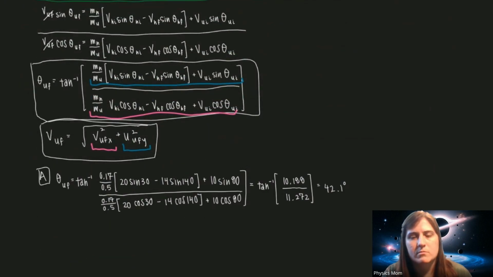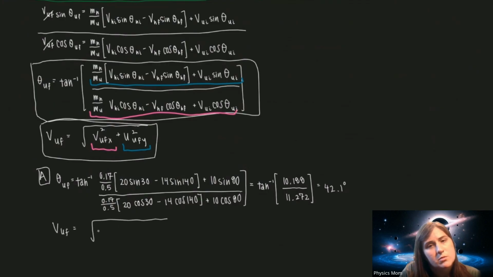And again, you can see I'm speeding things up here a bit because it's long, but essentially I'm taking the arctangent of 10.188 divided by 11.272, and that gives me 42 degrees. Now, when I put in my V_U final, essentially this is going to be the square root of 10.188 squared plus 11.272 squared.